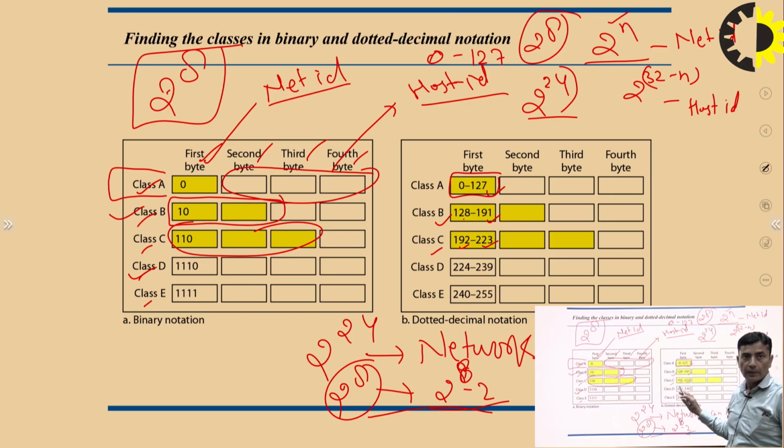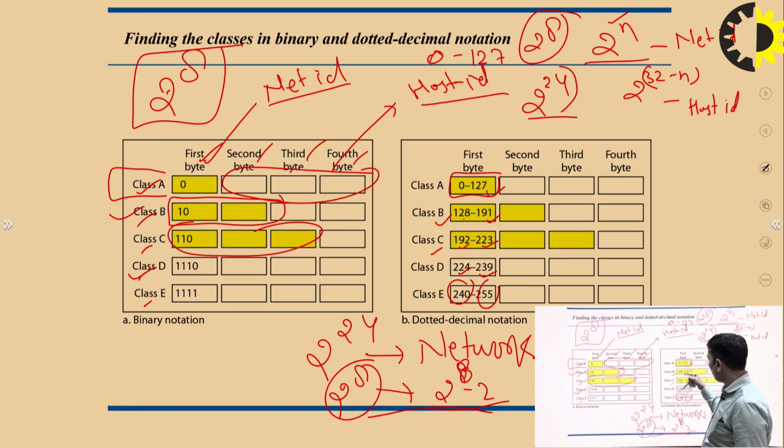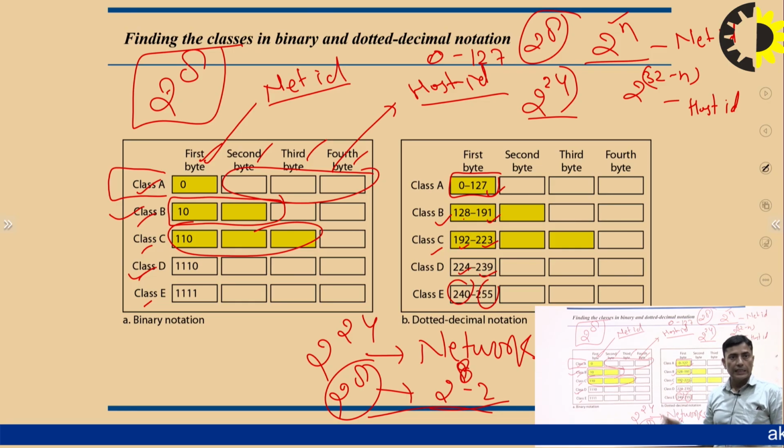That should be remembered by you. Again, 224 to 239 is class D for the first byte, and 240 to 255 is class E. So if you have a clear idea about these numbers, by looking at the dotted decimal notation, you can easily find out which class this address belongs to.